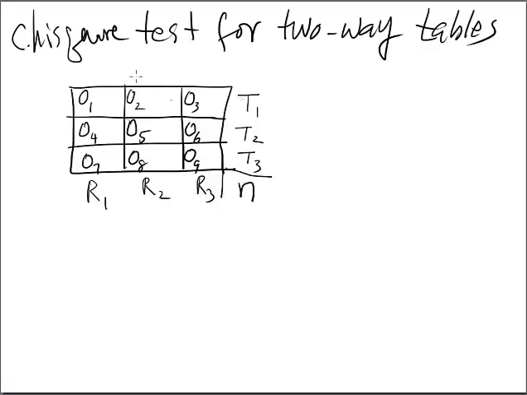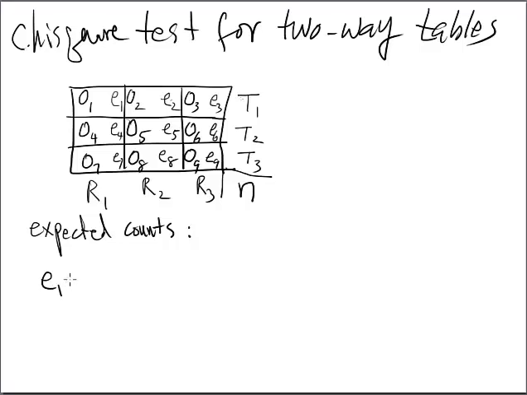The grand total is all these O added together. So you have to find E1, E2, E3, E4, E5, E6, E7, E8, E9. These are called expected values, okay? Expected counts, whatever.